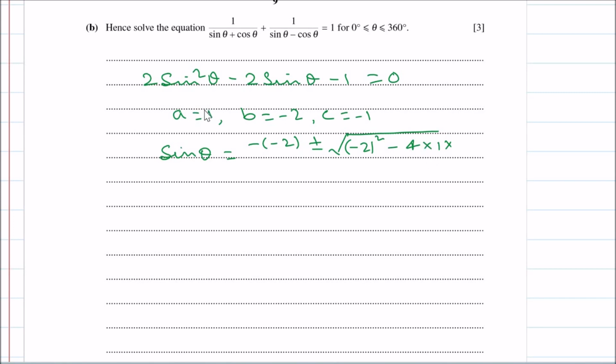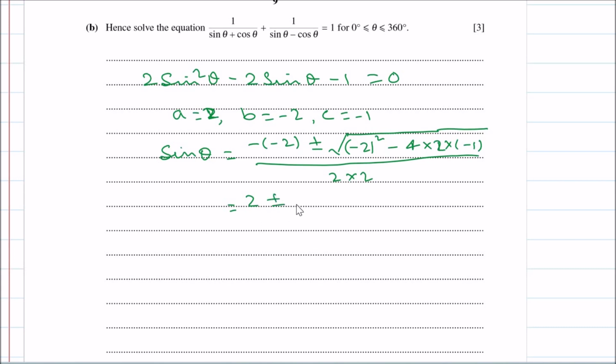I'm sorry, a is 2. So 2 here, and c is minus 1, divided by 2a. So we get 2, minus minus becomes positive, 2 plus minus.